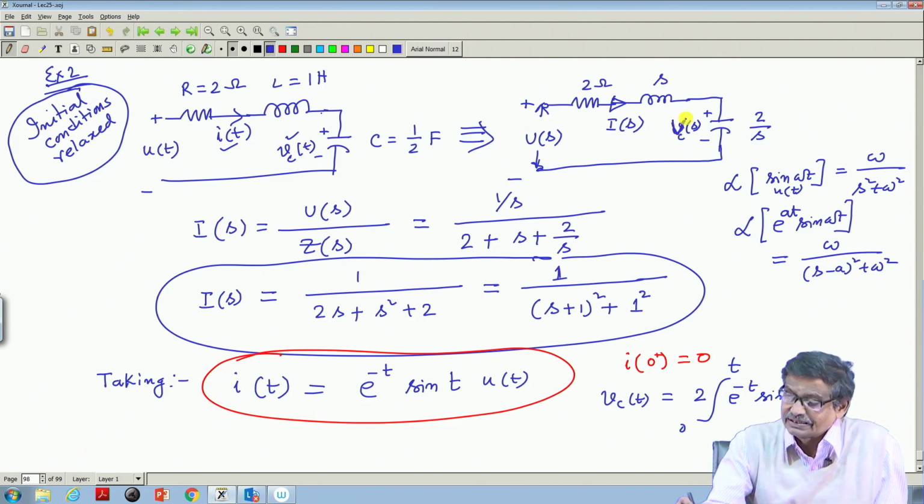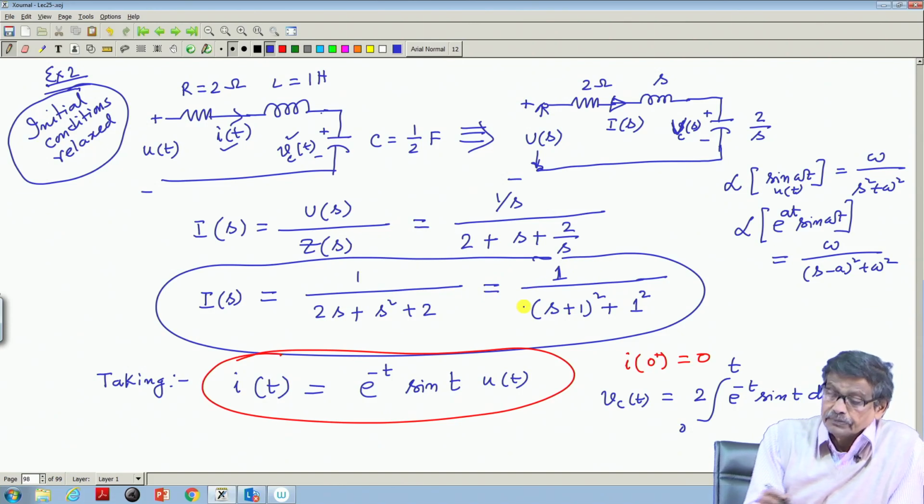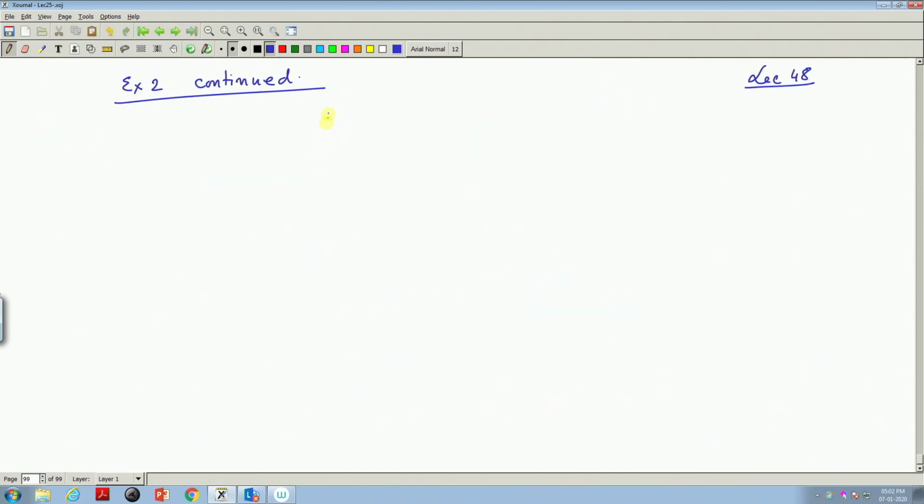Okay. So, I(s) I have already got. Let me better draw this circuit so that we understand what is what.